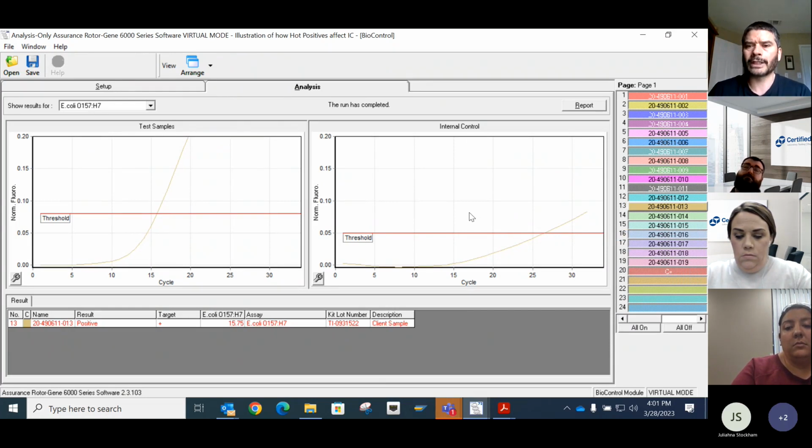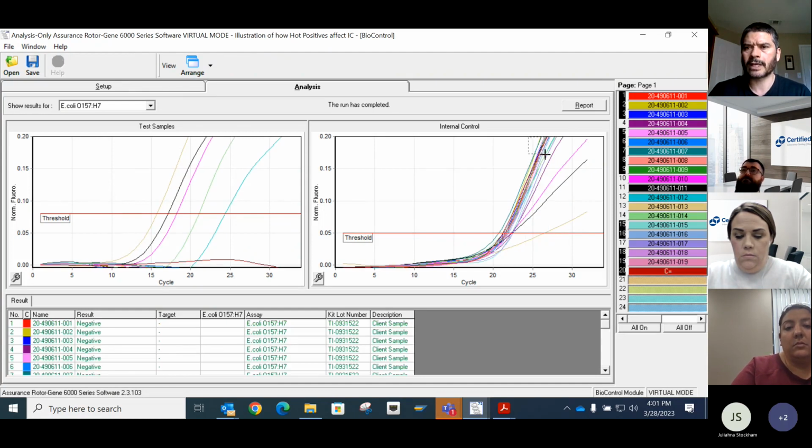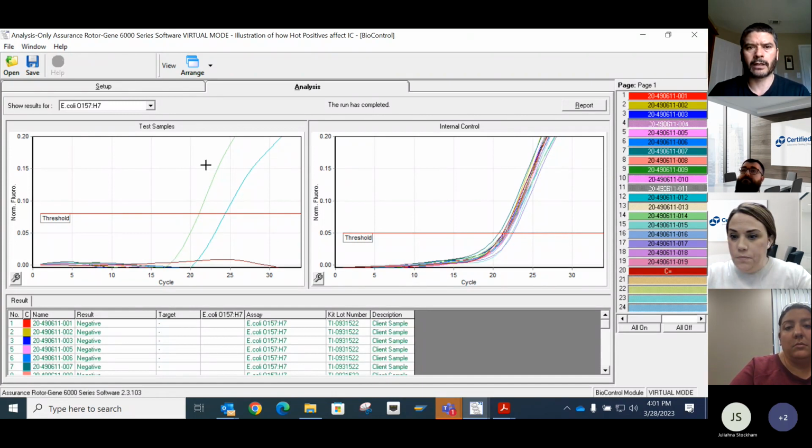Internal controls are only to validate negative samples. So when we look at these samples here, all of these have to cross the threshold for these to be valid negatives. If any of these lines that correspond to these did not cross this threshold, we would get that no amp result, and they would need to be reanalyzed.